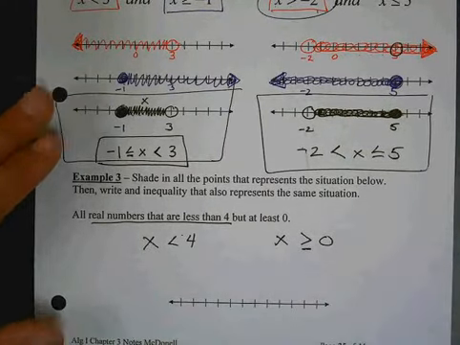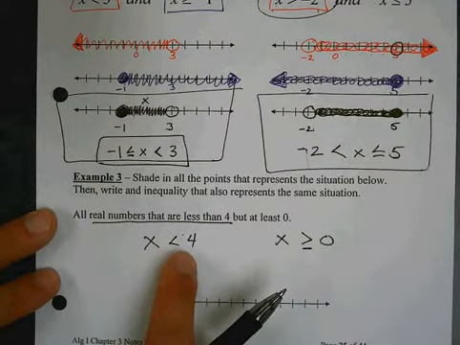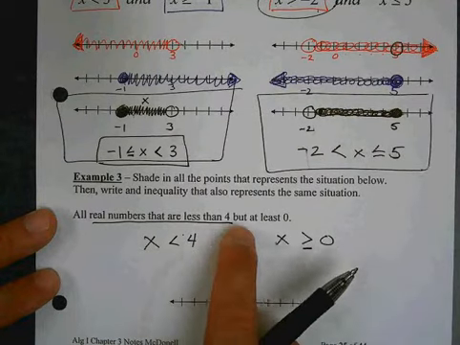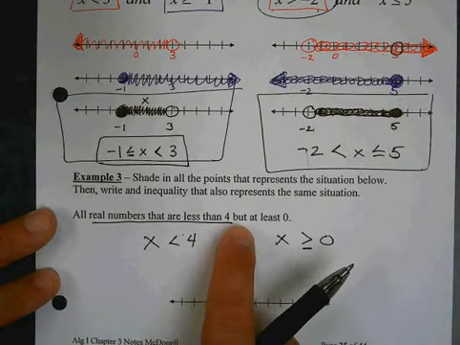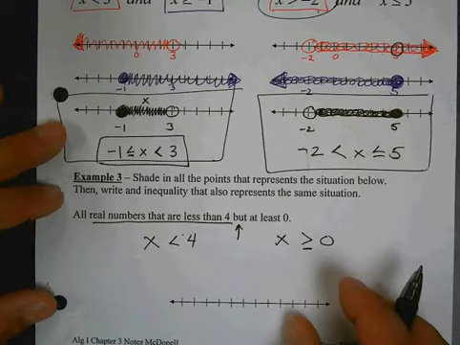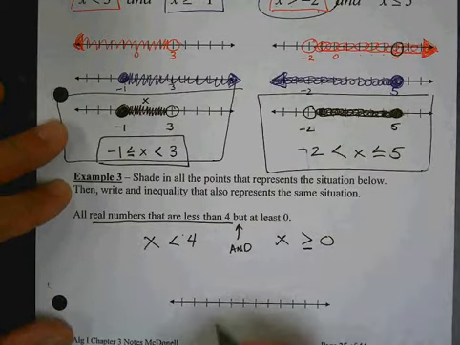Now, is this a conjunction? Do we want them to be true for both cases? All numbers that are less than 4, but at least 0. What word could you change for but there? You could put the word and in. So let's graph this. Here's 0, 1, 2, 3, 4.